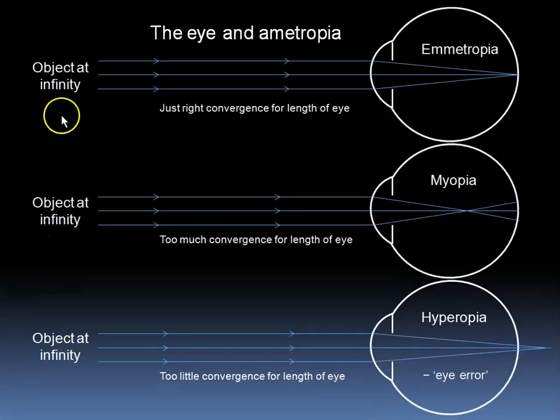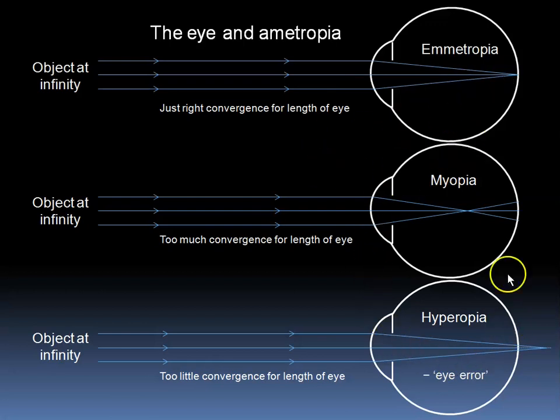Here we see an object at infinity with non-vergent light reaching the eye here. The convergence of the light is just right to form an image point on the retina. This eye is considered emmetropic, sees clearly at a distance.